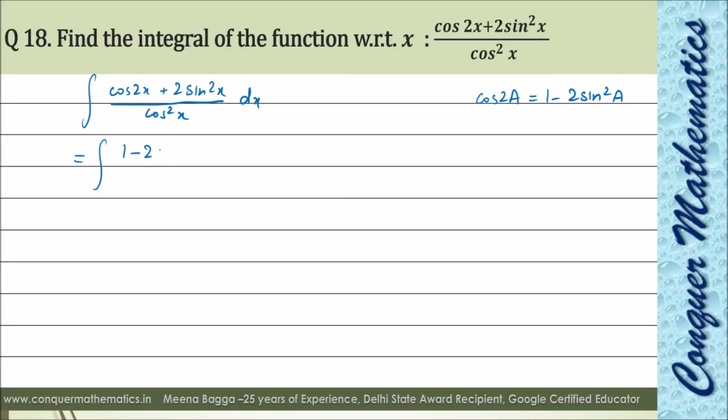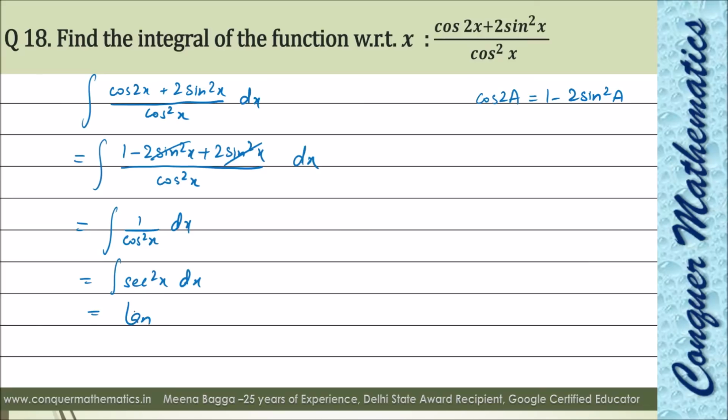This will be 1 minus 2 sin square x, and 2 sin square x will be cancelled with the plus 2 sin square x. We are left with 1 upon cos square x, which is nothing but sec square x, and the integral of sec square x is nothing but tan x. Okay, tan x plus constant of integration definitely.